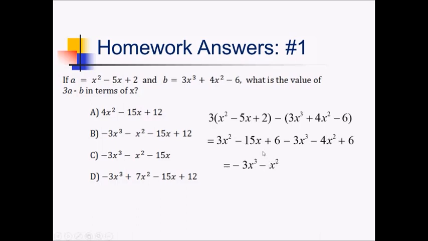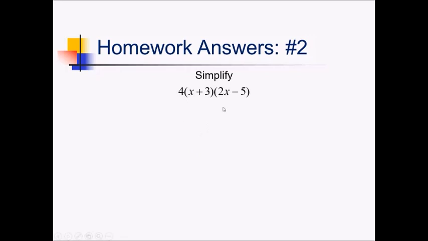And I don't have to write the invisible one there. Next, the x's, we have a negative 15x, and it doesn't look like there's any other x's, so I'll just write negative 15x. Finally, we're down to the constants. We have a 6, we have another 6, adds up to 12. And it looks like this is going to be answer choice B.